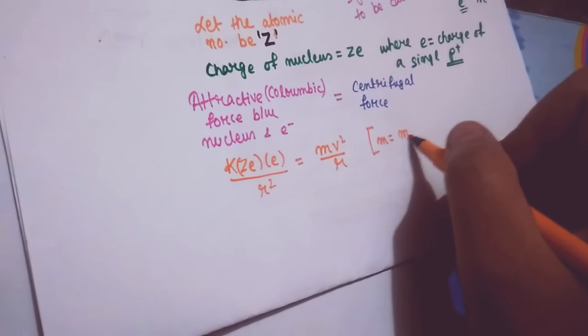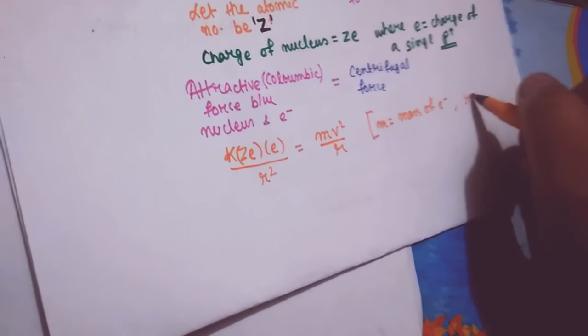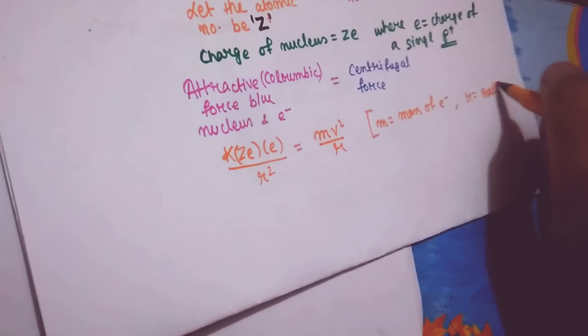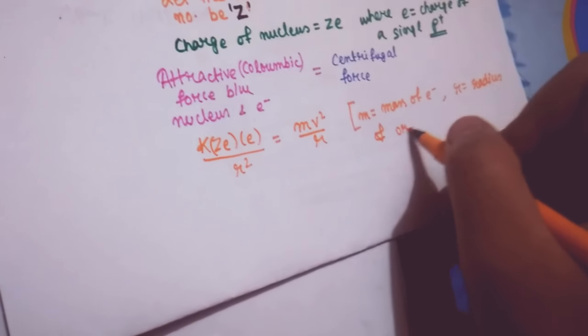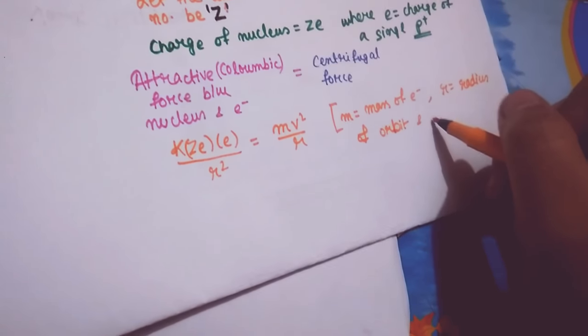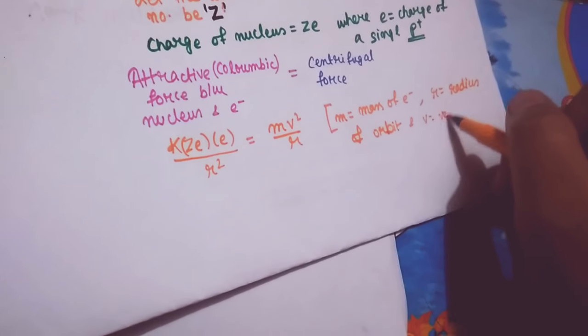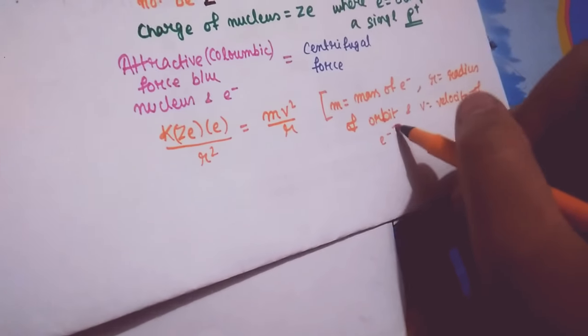m equals mass of electron, r equals radius of orbit, and v equals velocity of electron.